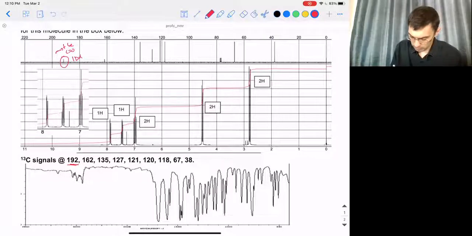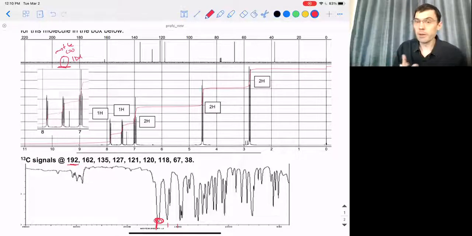If we have a carbonyl, we should be able to go in the IR and be able to find that key CO stretch. And indeed, we have that right here. And if we look, this is 15, 16, looks like it's just shy of 1700 based on a quick eyeball. And that in combination with this being below 200 in the carbon NMR tells us that we might have an aldehyde or a ketone, and they're probably an alpha beta unsaturated or conjugated ketone or aldehyde.